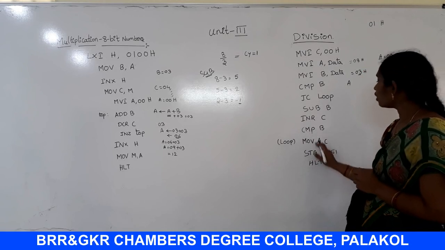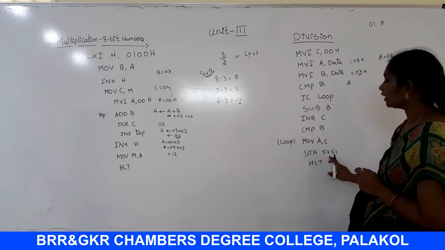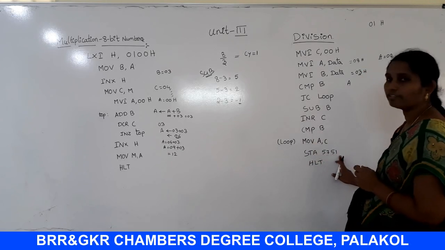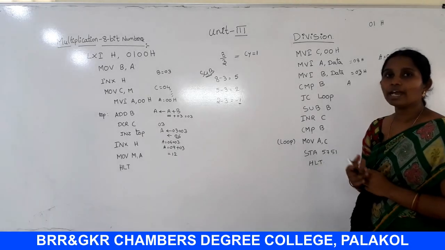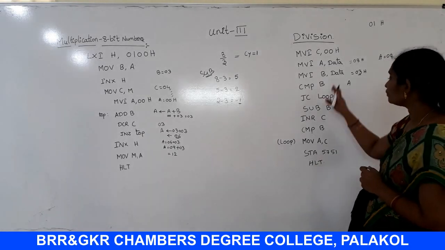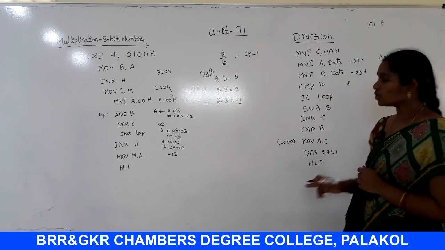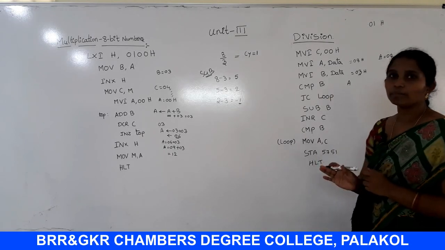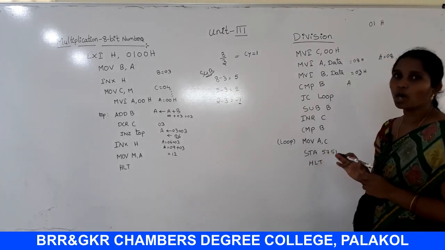Then the accumulator is stored at the address location 5751. This is an optional address location; you can take any address location. After completion of the program, you have to write the halt instruction. HLT is nothing but halt, which means the program is stopped now.